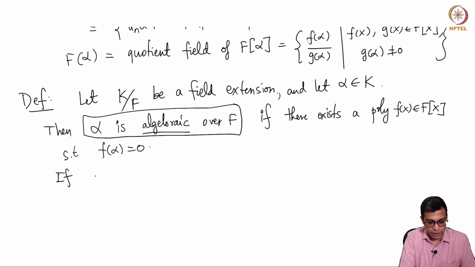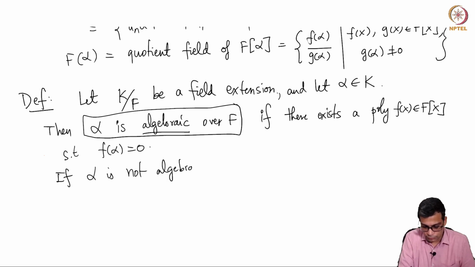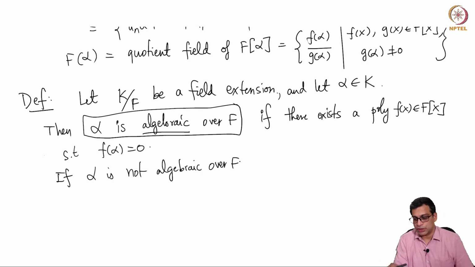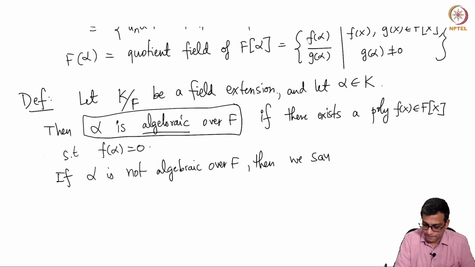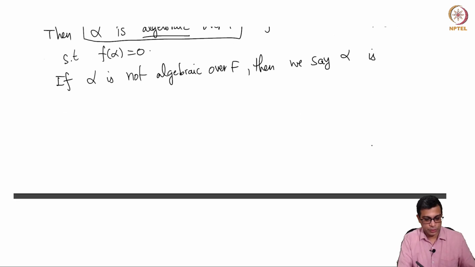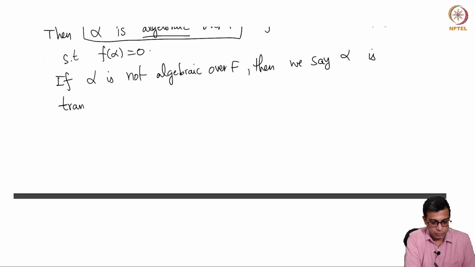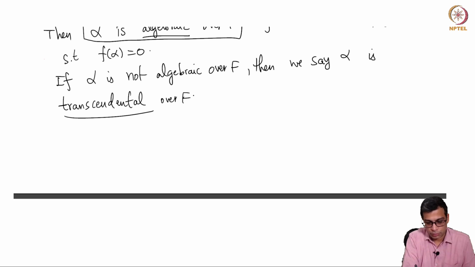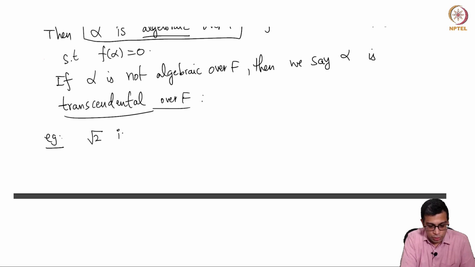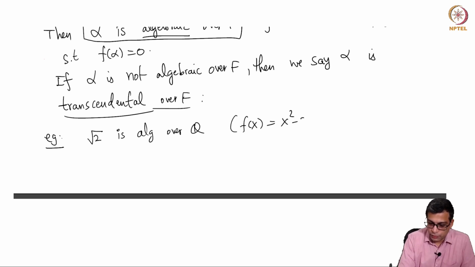If so, just to complete the definition, if alpha is not algebraic over F, meaning there is no such polynomial which has alpha as a root, then we say alpha is transcendental over F. Okay, so examples: root 2 is algebraic over Q. Take f(x) to be x^2 minus 2.